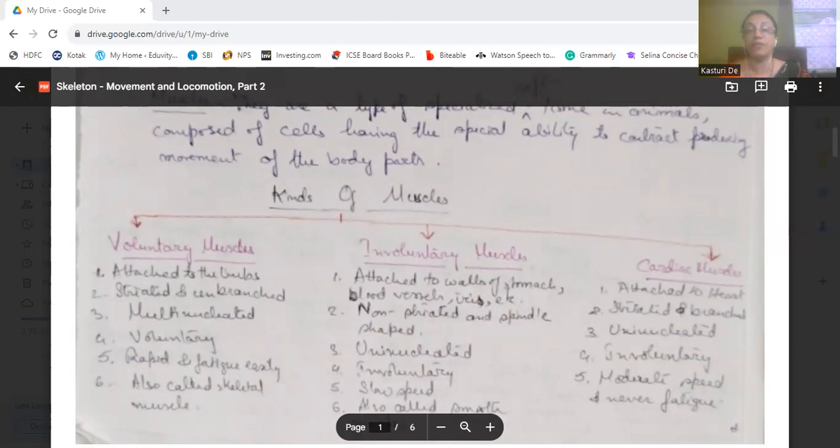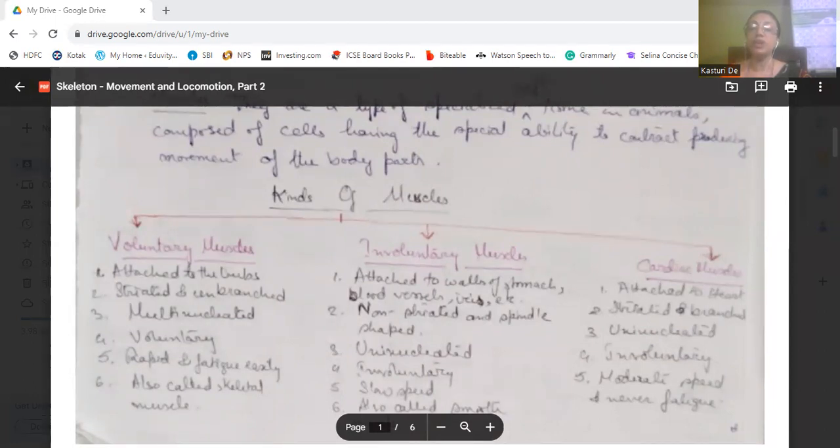They are rapid and they fatigue very easily. Our hands, our feet, our legs get tired after some time when we do a lot of work. They are also known as skeletal muscles.